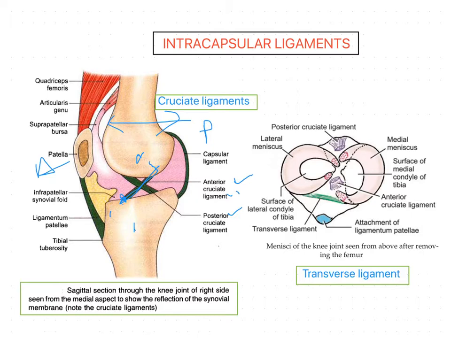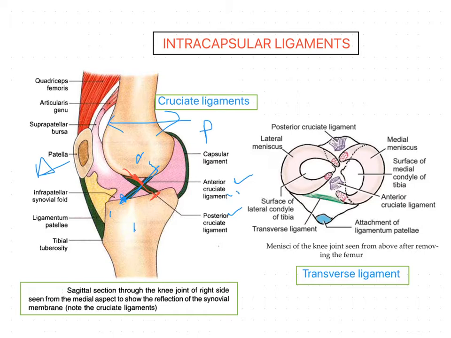Now we will see the posterior cruciate ligament. The posterior cruciate ligament begins from the posterior part of the intercondylar area of the tibia, runs upwards, forwards and medially. So this posterior cruciate ligament attaches to the anterior part of the lateral surface of the medial condyle of the femur.